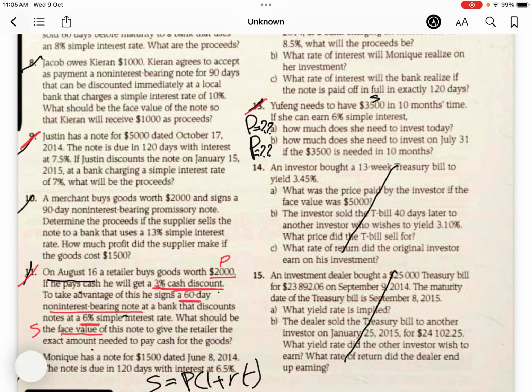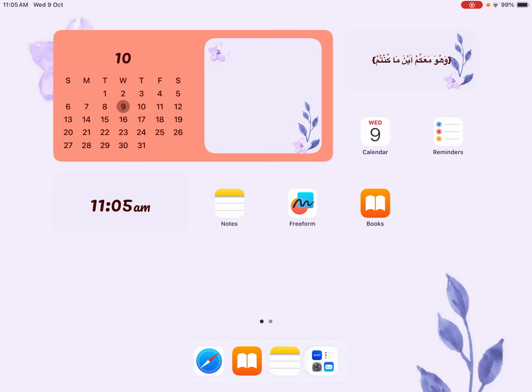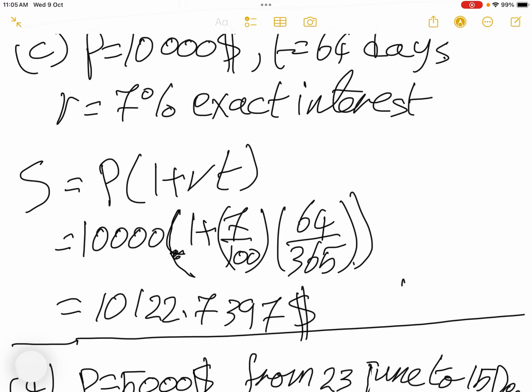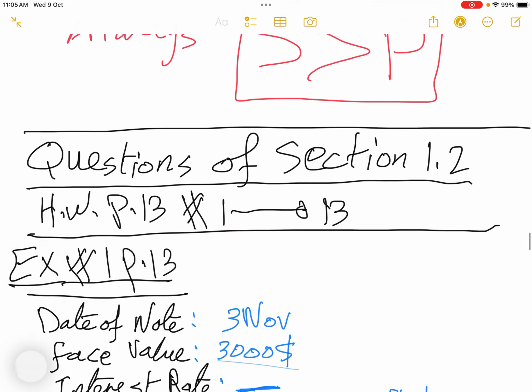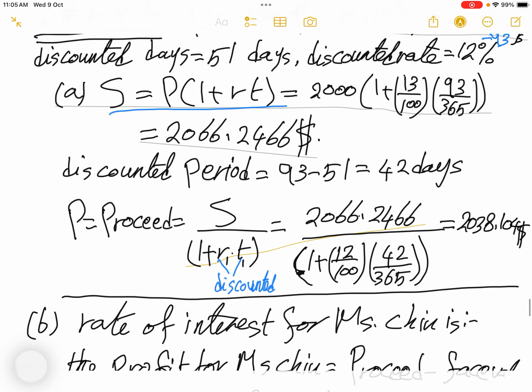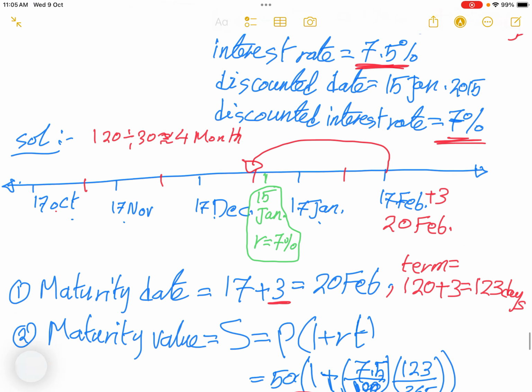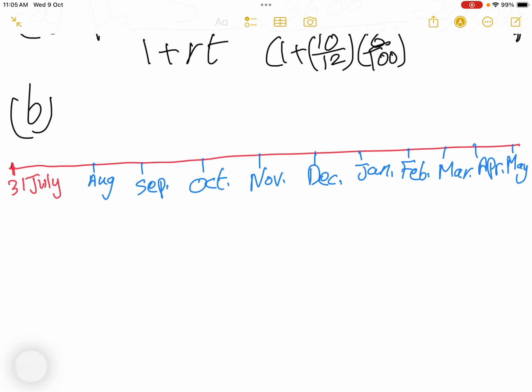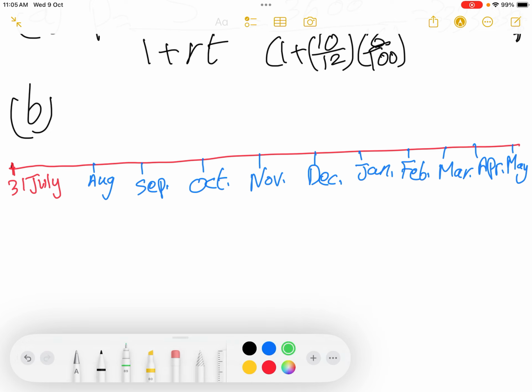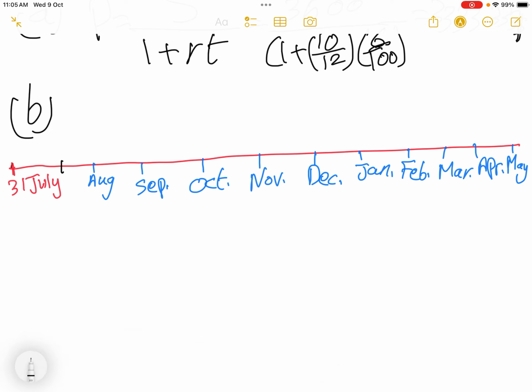Then you must calculate 10 months. Here calculate 1, 2, 3, 4, 5, 6, 7, 8, 9, 10.